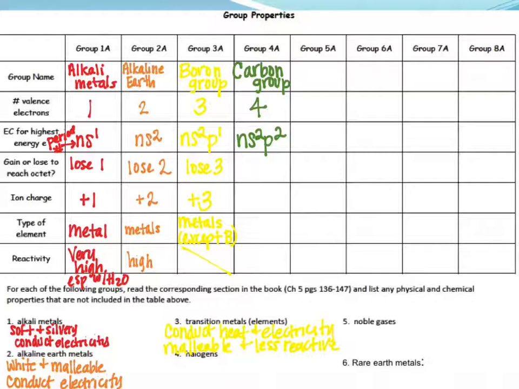NS2P2. Gain or lose to reach an octet? These really don't care, so I'm just going to put a line there. It could go either way. So plus 4 or minus 4. Ion charge, plus 4 or minus 4 if you want. Like I said, these are pretty stable. They're chill.